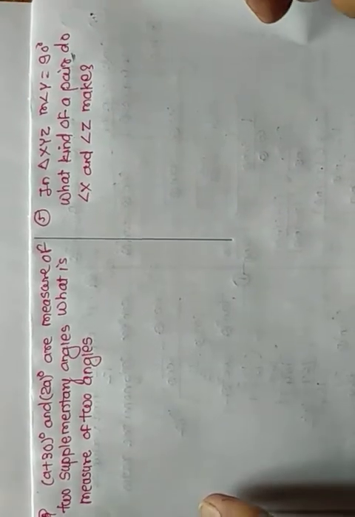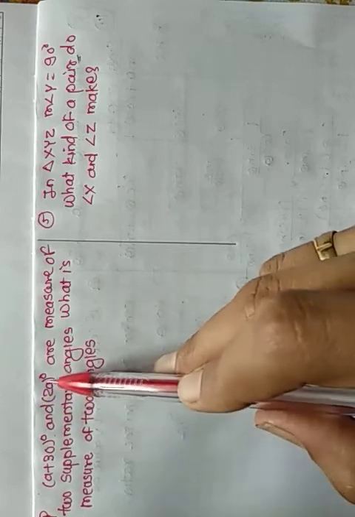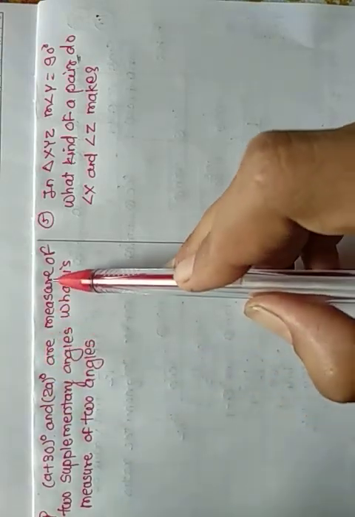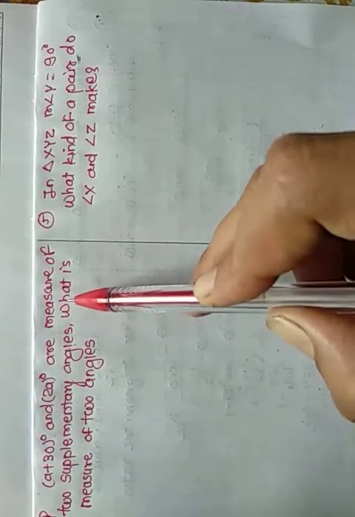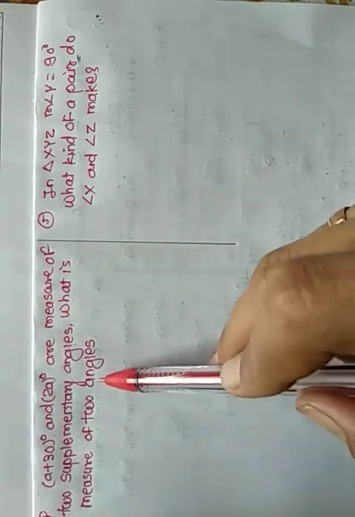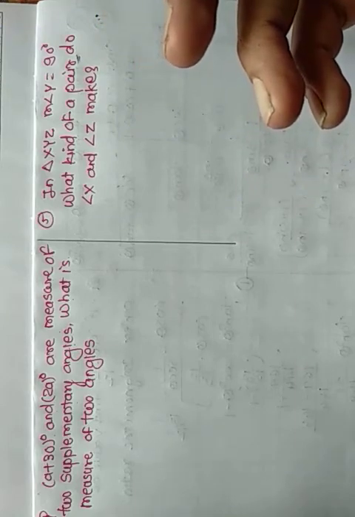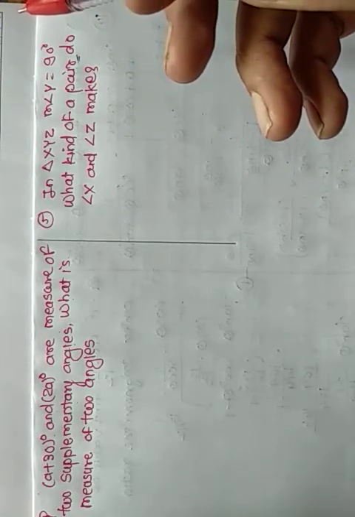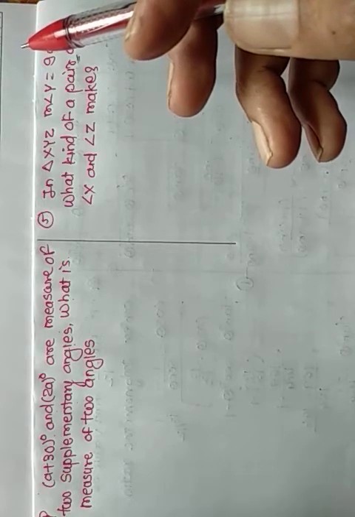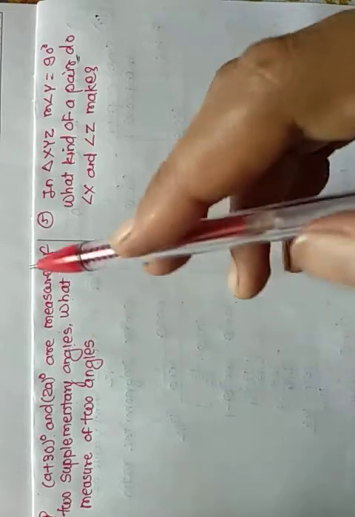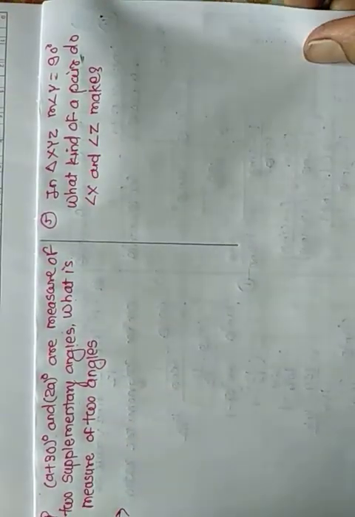Let's see the next question. A plus 30 degrees and 2A degrees are the measures of two supplementary angles. What is the measure of the two angles? Here these two angles are supplementary, which means their addition is 180 degrees.